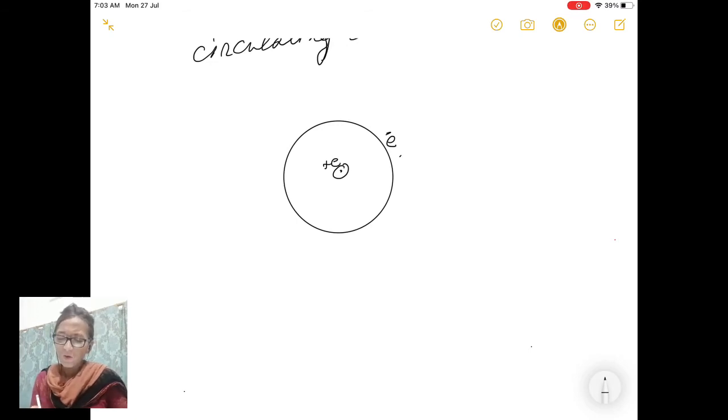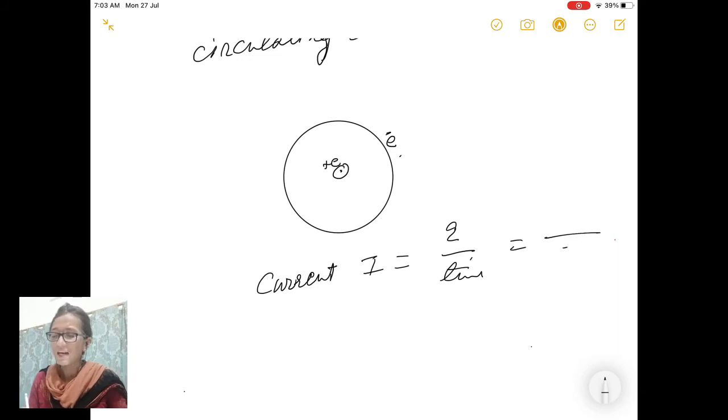Now the current due to this electron, I, is equal to charge per unit time, and for one circulation, if we take the time as the time period T and the charge as e, then I is equal to e upon T.